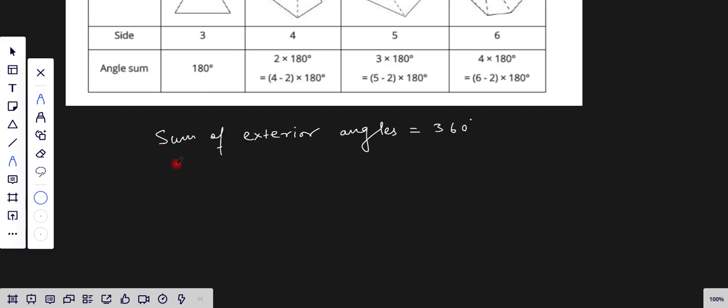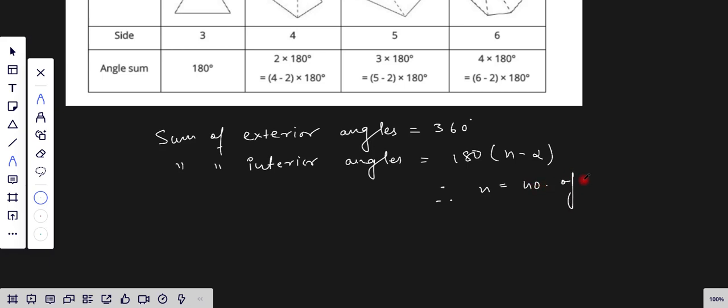And the sum of all interior angles is equal to 180 times n minus 2. So this is the formula for the sum of interior angles, 180(n minus 2), and the sum of exterior angles equals 360. Now what is n? n is the number of sides of a polygon.